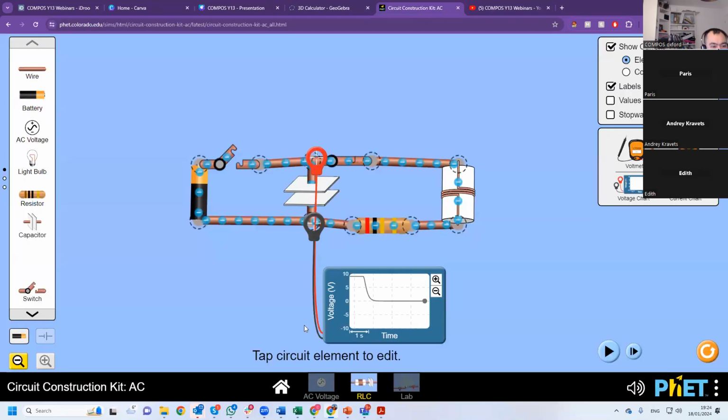And finally, if we talk about overdamped, let's set the resistance to something reasonable. 4 ohms, 5 ohms, that's fine. Okay.